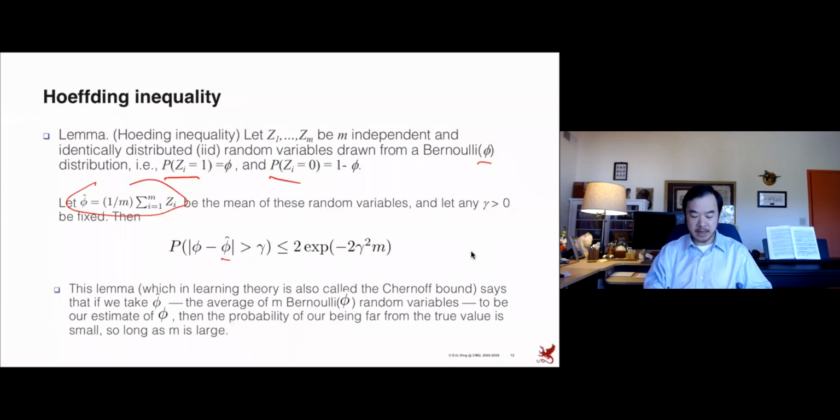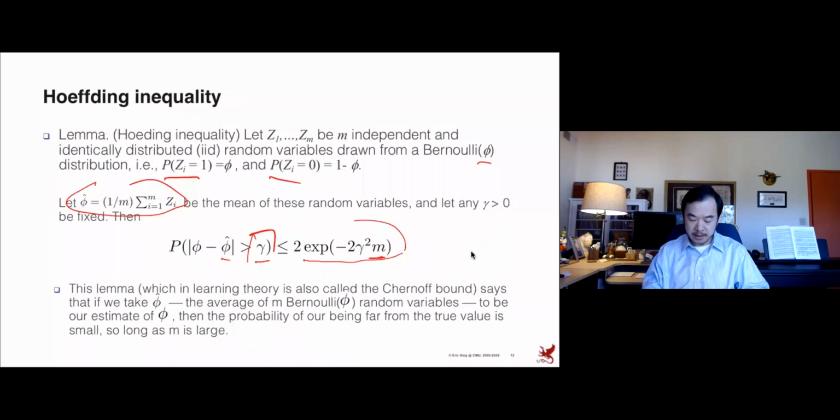Or in other words, the probability that the difference between the estimate and the true value is greater than some small number gamma is upper bounded by a small number, the number being exponential of -2 times the error squared, and also very importantly, times the number of examples.